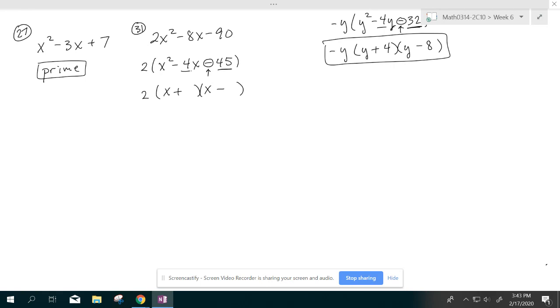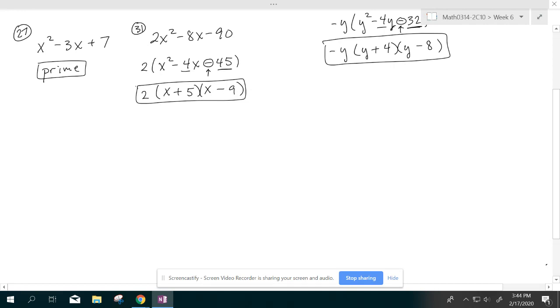Anybody? Yes. 5 and negative 9. 5 minus 9 is negative 4. 5 times 9 is 45. And that is factored completely.